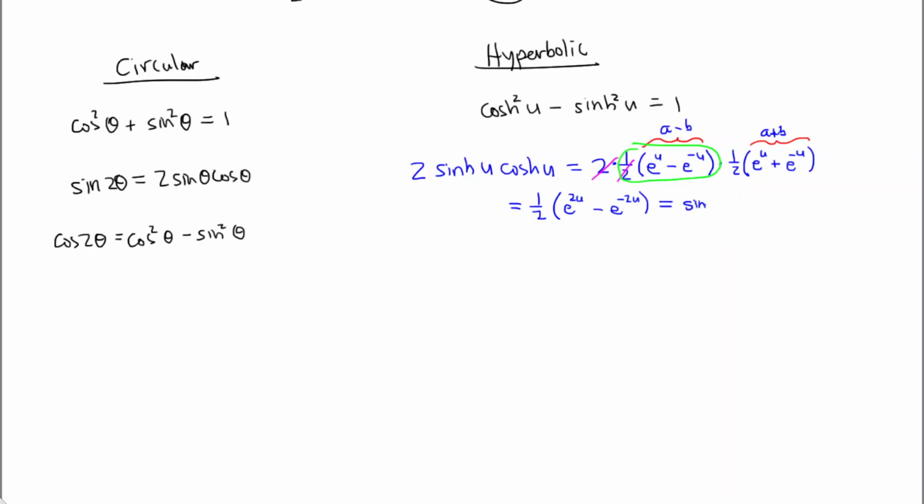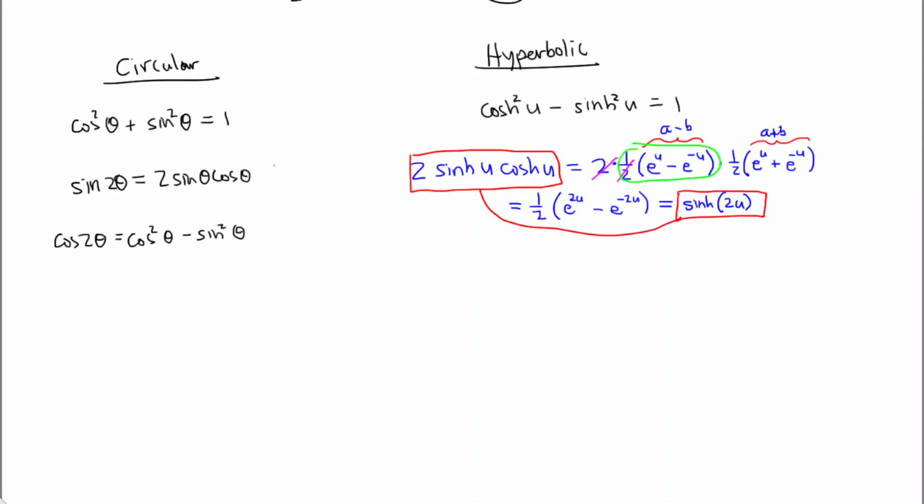So this is really the hyperbolic sine of 2u. So what we have here is a very nice double argument identity. Sometimes it's even called a double angle identity, even though u doesn't literally represent an angle. But anyway, a double angle, double argument identity.